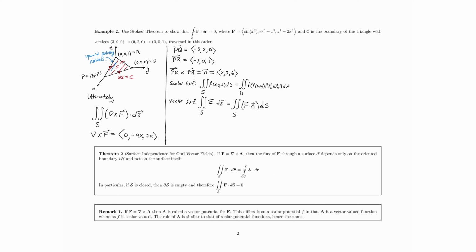It's the amount of the vector field F that's in the direction of the normal vector of S. So in a way, a vector surface integral is just defined to be a very specific scalar surface integral. Let me rewrite something here. Let's make this a capital N, and I'll say this is a unit normal vector.